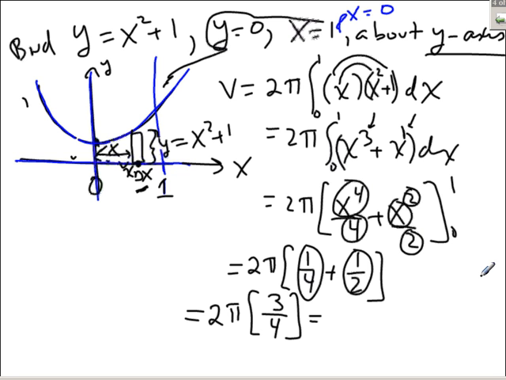And the final answer will be 3 pi over 2, because 2 goes into this top number 1 time, into this bottom number 2 times, and 1 times pi is pi, times 3 is 3 pi, and you have 2 in the bottom. 3 pi over 2. Let us try yet another one.